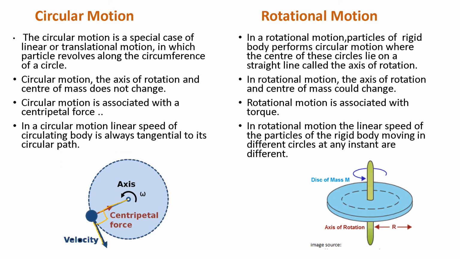And in rotational motion, the linear speeds of particles of the rigid body moving in different circles at any instant are different. Here also each particle of each plane performs a circular motion about the axis of rotation with a perpendicular distance r from the axis of rotation.